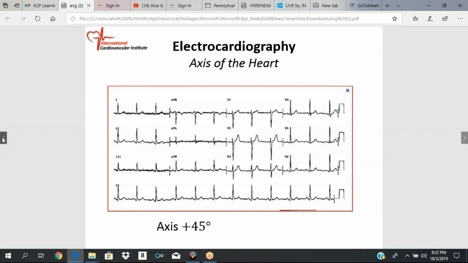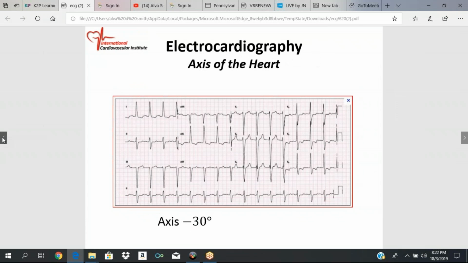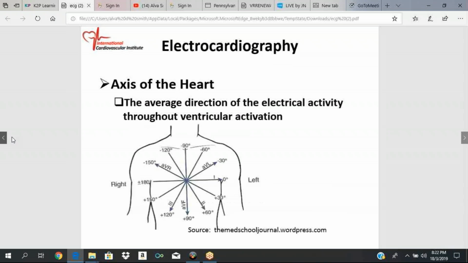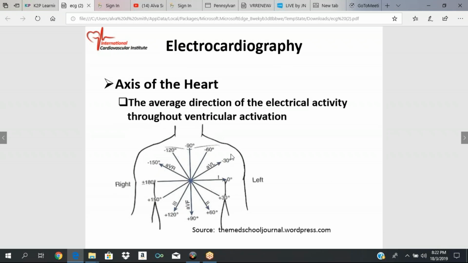Perpendicular to AVL, so go back to your cheat sheet. This is AVL. When we say perpendicularity, we mean 90 degrees. So lead 2 is perpendicular to AVL.